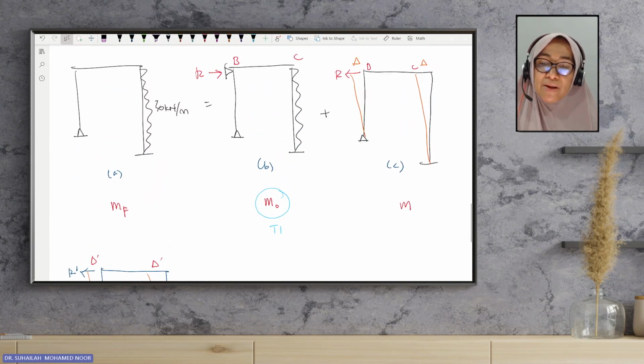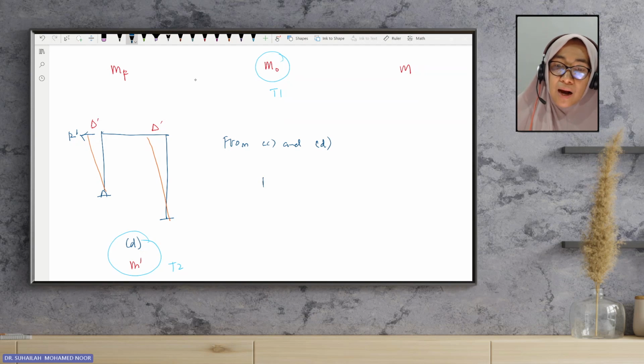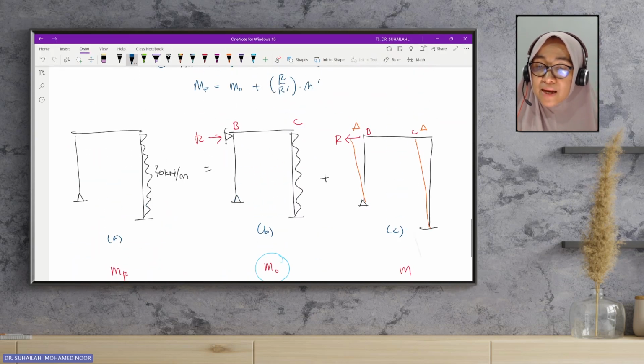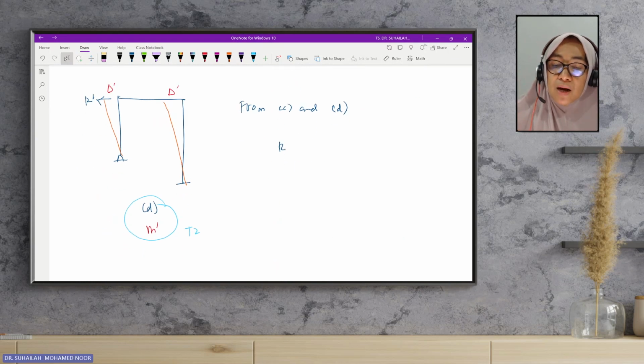So by comparing C and D, from C we get R and M, inside diagram C, the relation between R and M. And from D, it is M prime, R prime.